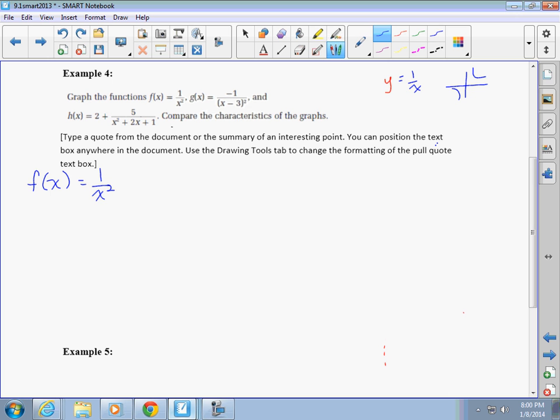my vertical asymptote is at x squared equals 0, so x is equal to 0. My horizontal asymptote, I don't have any k being added on there, so it is at y is equal to 0.